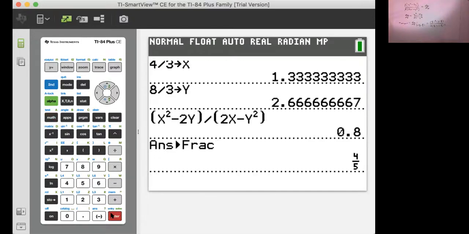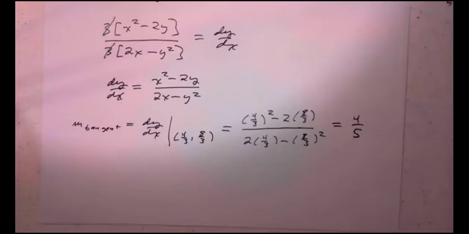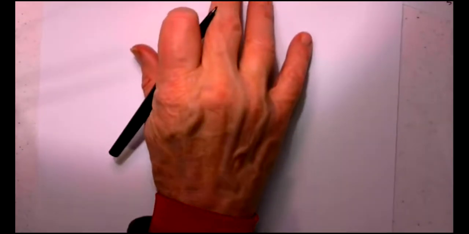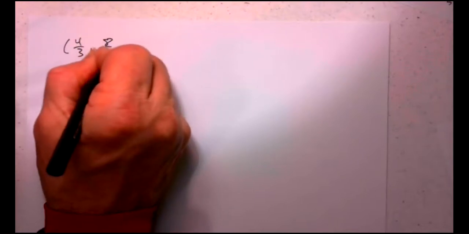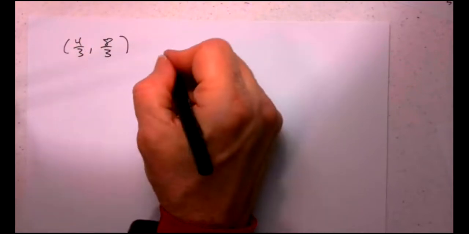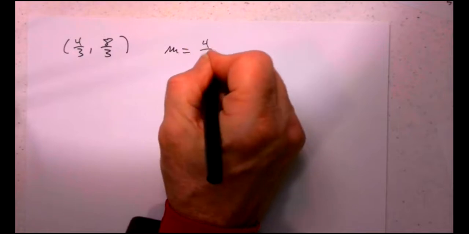So we believe the slope of our tangent is 4/5. So what does that tell me? Remember, the point is (4/3, 8/3). So we'll write that down. Point is (4/3, 8/3), and we believe that the slope, m, is 4/5.